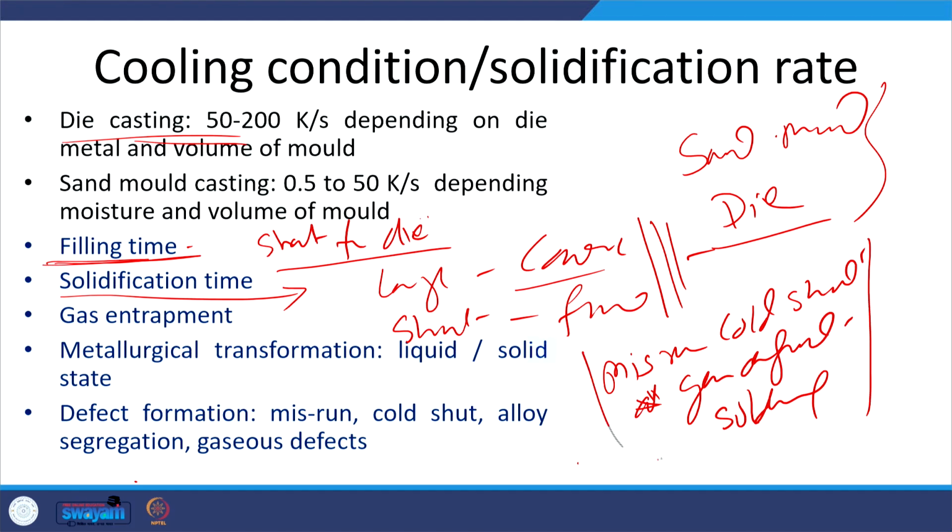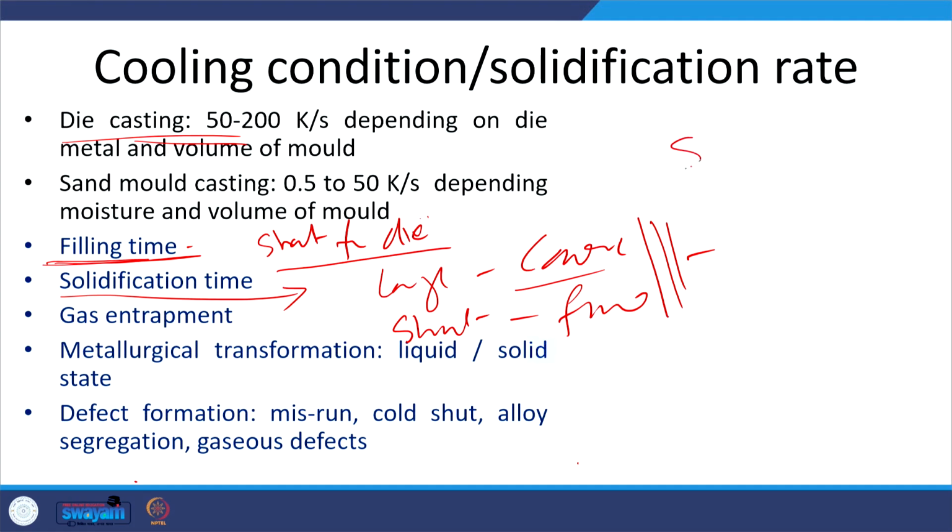Why? Because the cooling rate is very high, the fluidity is reduced. So, misrun, cold shut and gaseous defect formation tendencies arise because of the short solidification time, and the interaction of the molten metal with the metallic die surface promotes soldering. So, these are the kinds of defects formed in die casting.